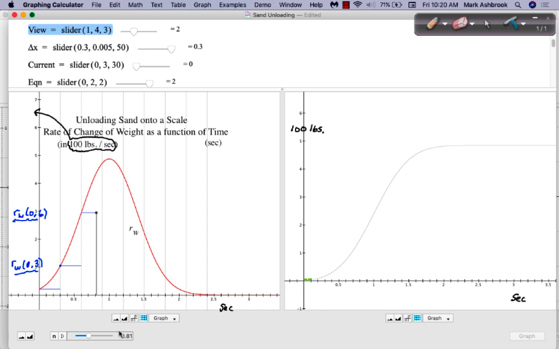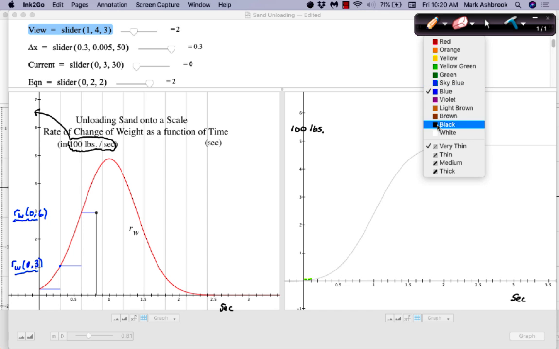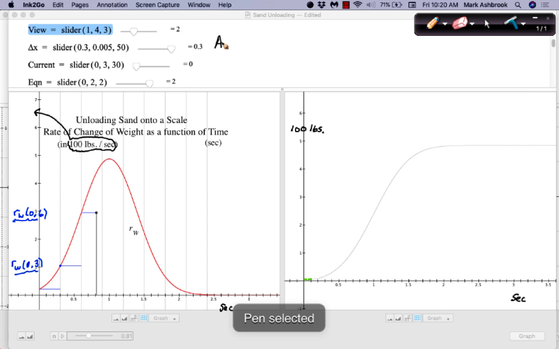But now we're going to freeze time and talk about the situation at 0.8 seconds. I want to write an expression for my net accumulation at 0.8 seconds, in other words, A of 0.8.